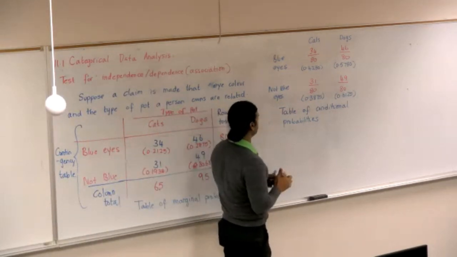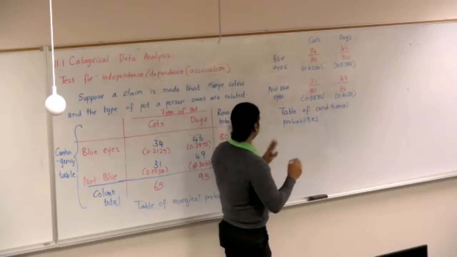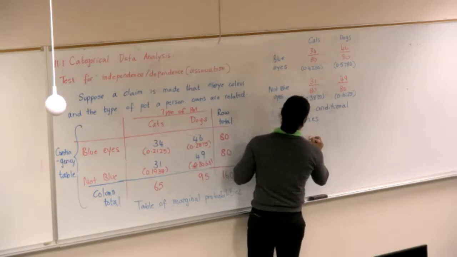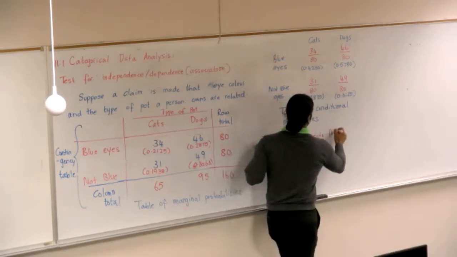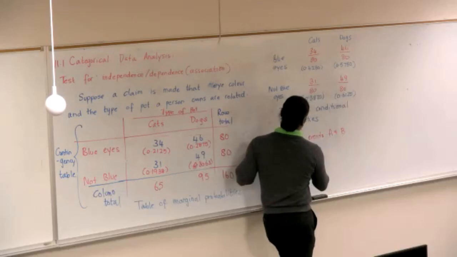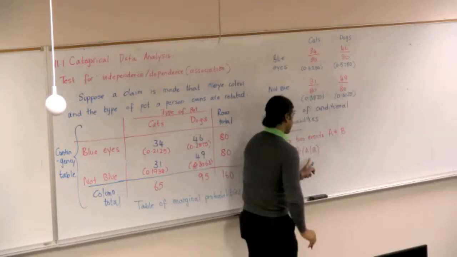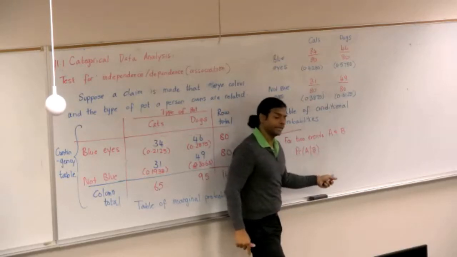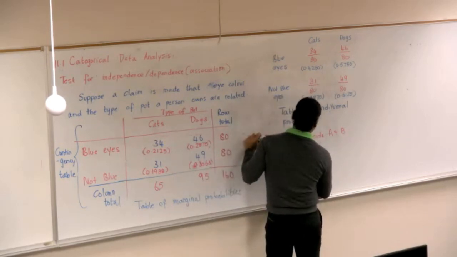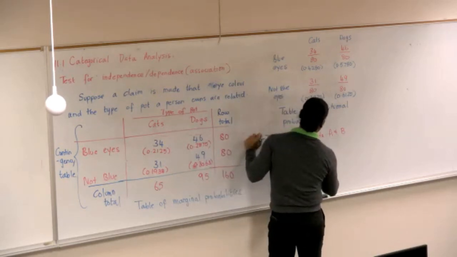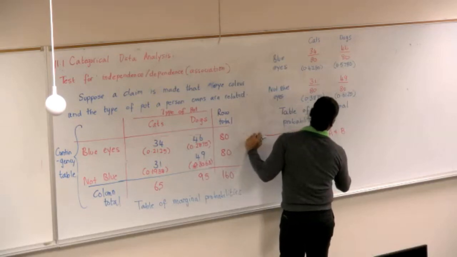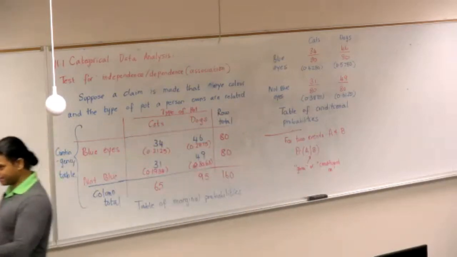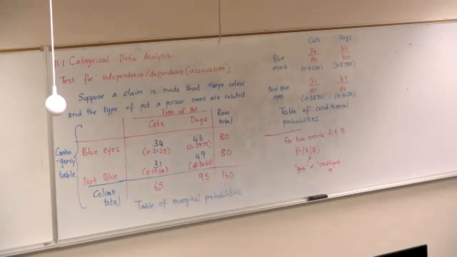Now, in terms of events in general, if you took two events A and B, this vertical dash simply means given, or A conditioned on B. So, A given B, or A conditioned on B.